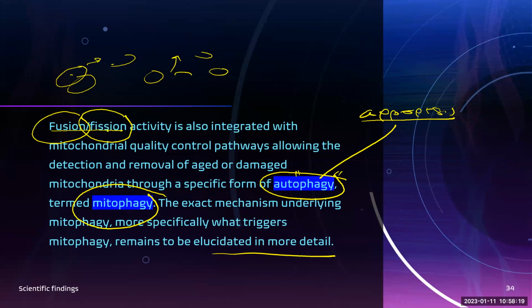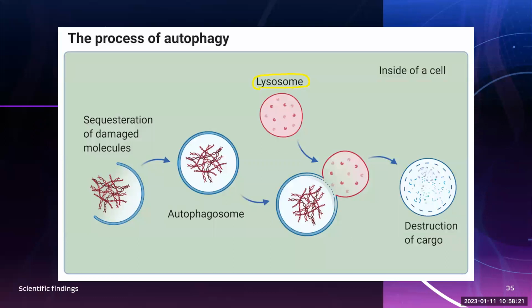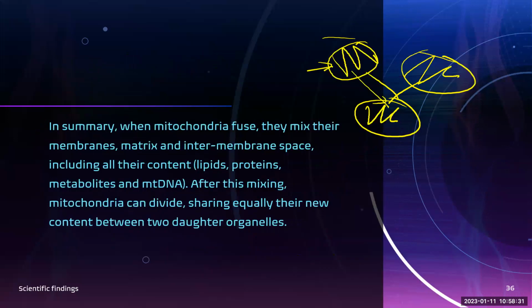It is not well understood according to this article, right? Basically, lysosomes are involved, the lysosome fuses, and then they can destroy the organelles. Okay, finally, we have finished the article.